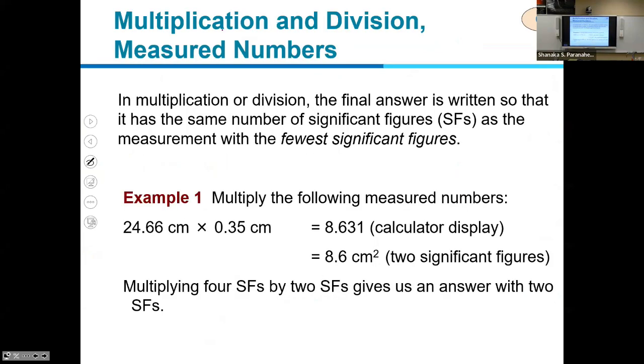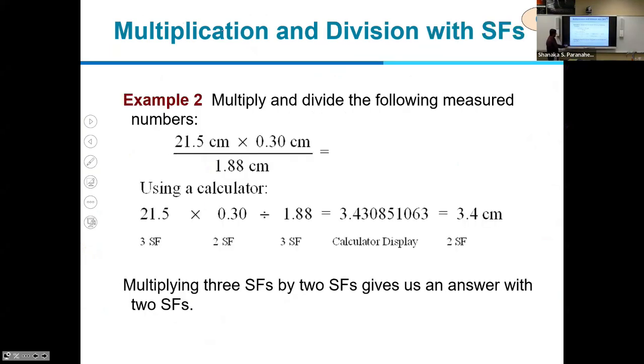This is what I explained earlier, the rule. When you do multiplication and division, the answer follows significant figures. Yes, so that's another example. It's a multiplication and division, so we are going to count the number of significant digits. This has 3, this has 2, and this has 3.